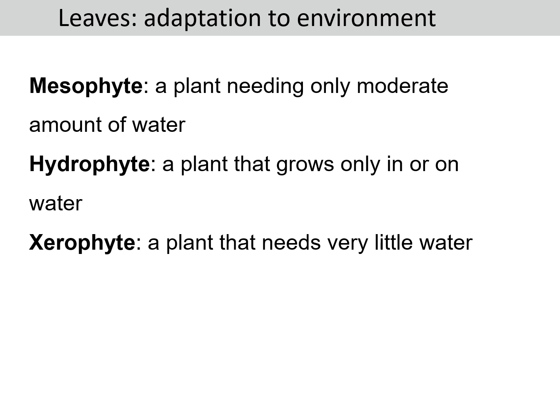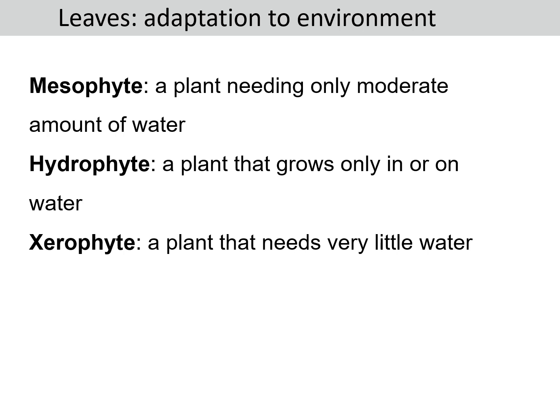In general, the anatomical structure of leaf is usually related to the environment, and the plant can adapt themselves to each environmental state. And there are three types of plant depending on the environment. The first is mesophyte. Mesophyte means the plant that needs only a moderate amount of water. These conditions can be found generally in angiosperms or in many plants.